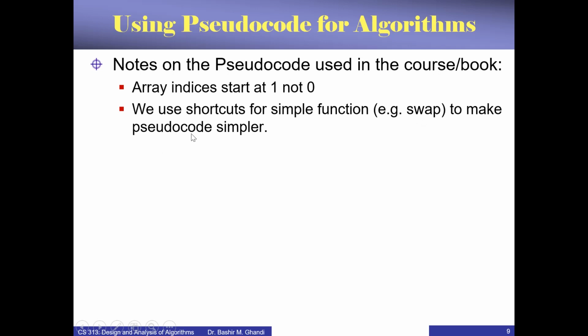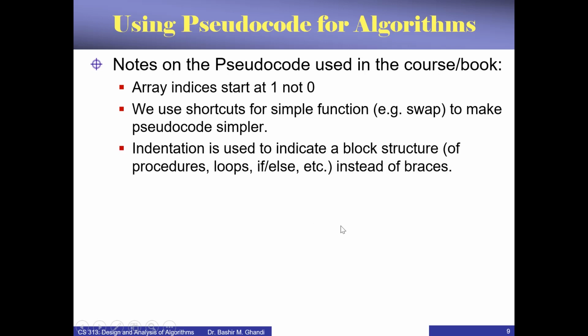Okay, this is to make the pseudocode simpler. Okay, another point, and this is very important, indentation is used to indicate a block. Okay, a block for loops, a block for if-else, and so on. A block for the procedure itself.